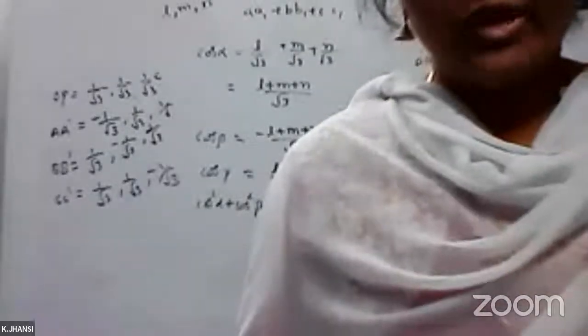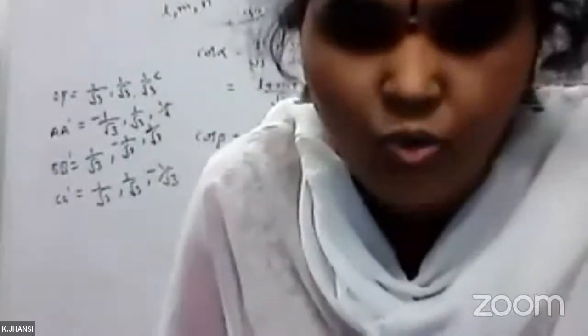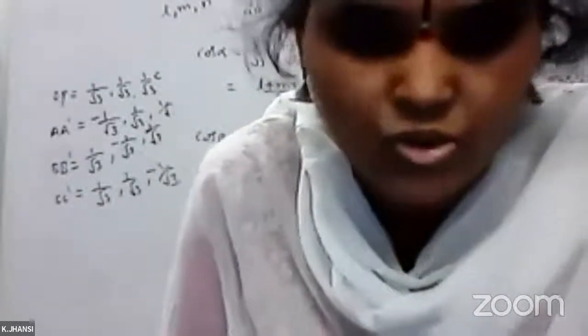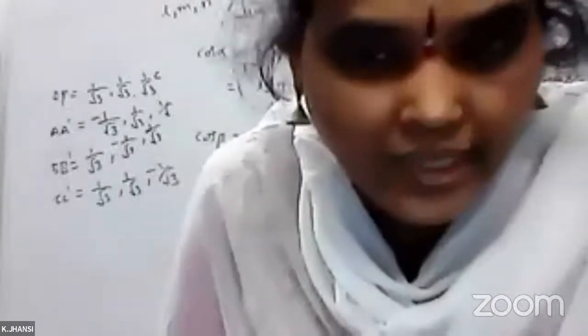So you have only one elective, the 3D geometry. For the 5th sem mathematics you have only 2: one is the core course, linear algebra, and the second is the 3D elective geometry.